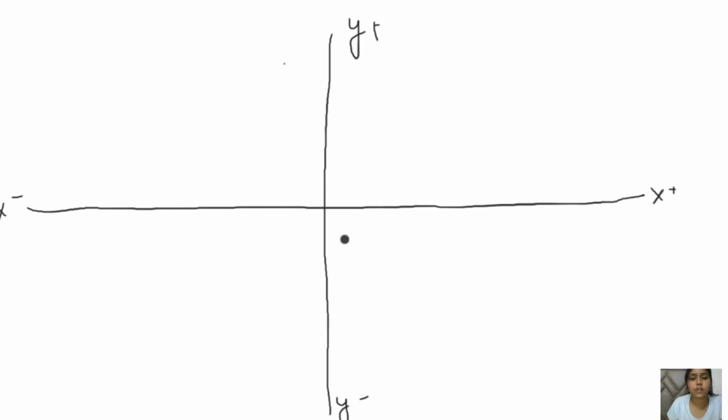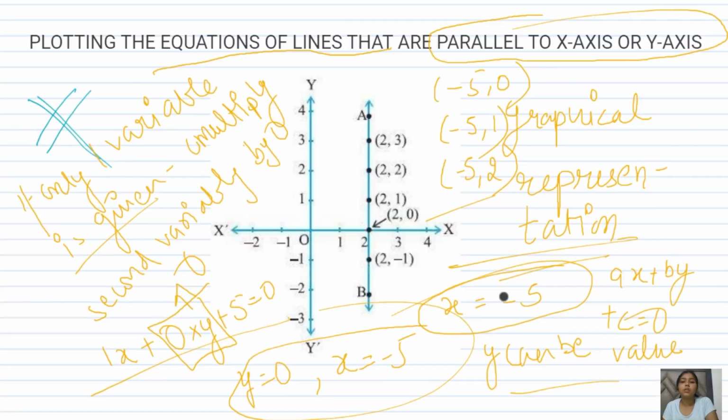From this equation we have seen that for x equals minus 5, y is equal to 0. So first we have to draw the points, keeping equal distance between them. These Cartesian planes are generally plotted on a graph, so I am trying to make the distances equal if possible.